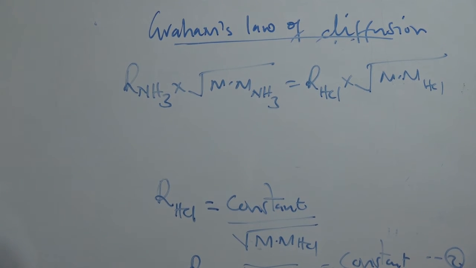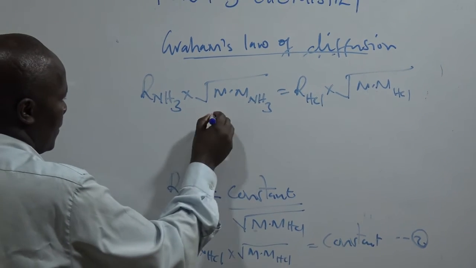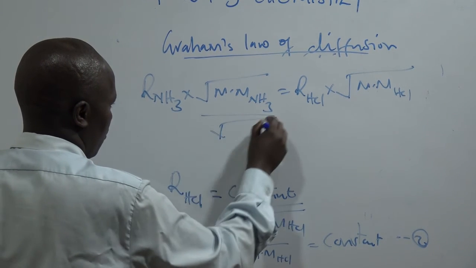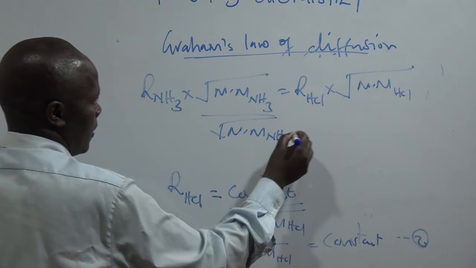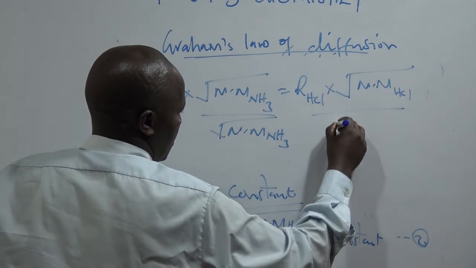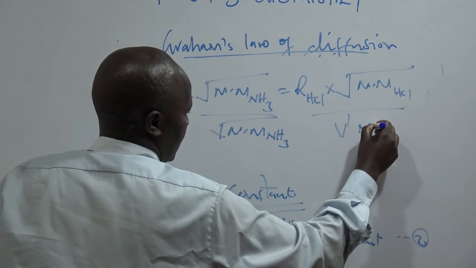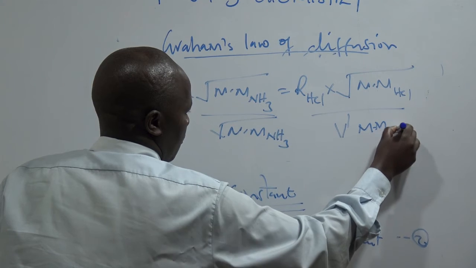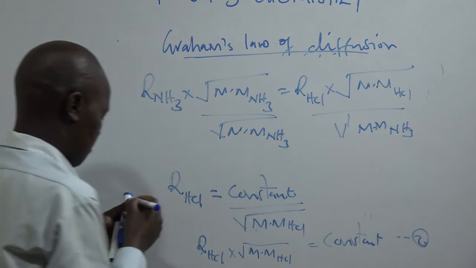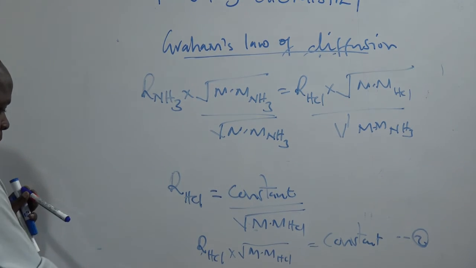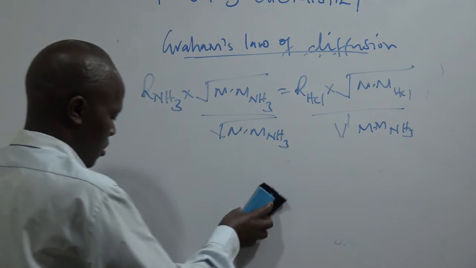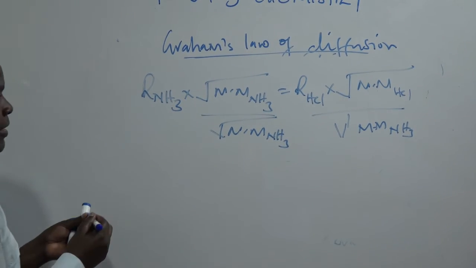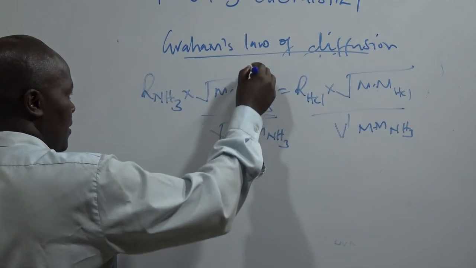Now, we divide through by the square root of molecular mass of ammonia. We divide here by the square root of molecular mass of ammonia. If we divide that way, these cancel out.